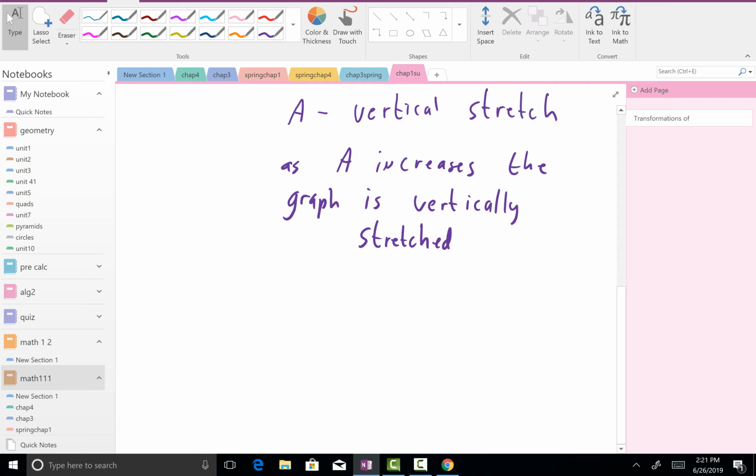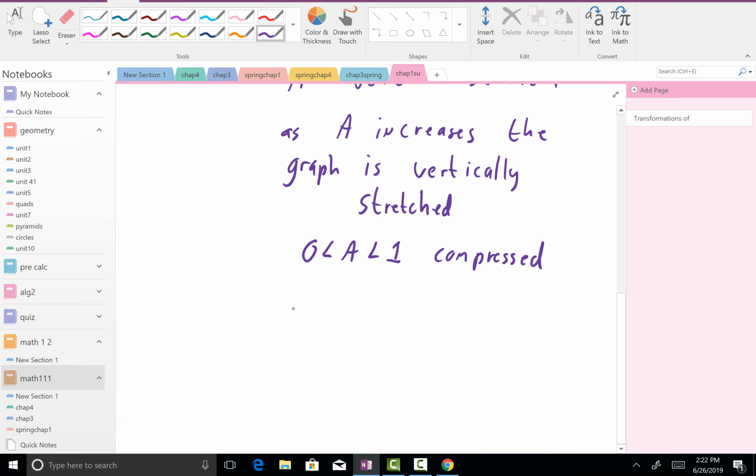On the flip side of that, if A is between 0 and 1, say, like a decimal, then that curve is not necessarily stretched, but it's compressed. So if we had, say, y equals 0.5 absolute value of x, what that does is it widens that curve, but it's compressing it because this value is a scale factor.